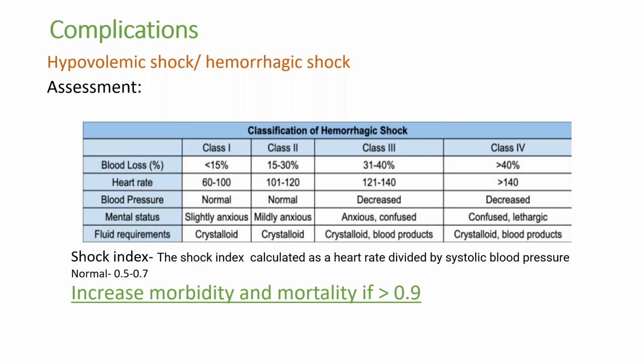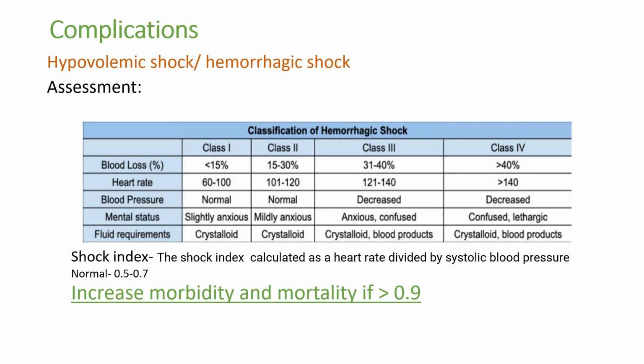Because there is hemodilution in pregnancy, a better index to assess is the shock index, which is calculated by heart rate divided by systolic blood pressure. The normal range of the shock index is 0.5 to 0.7. If the shock index is more than 0.9, it means increased morbidity and mortality, and you have to start your process of resuscitation.